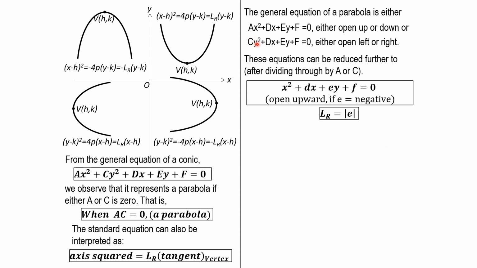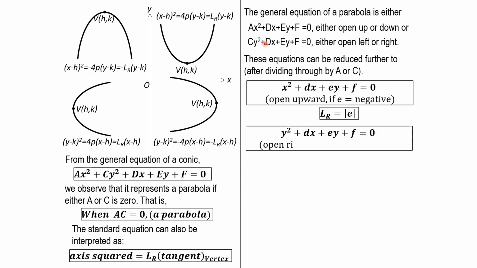Similarly, if we have this equation that is either open to the left or to the right, dividing everything by c, this reduces to small y squared plus small d times x plus small e times y plus f equals 0. This is open rightward if d this time is negative. So the coefficient of x is negative because this time it is y that is squared.